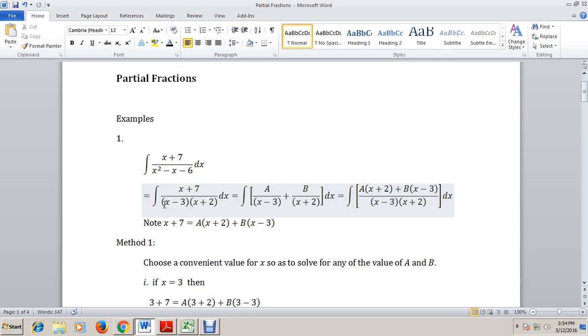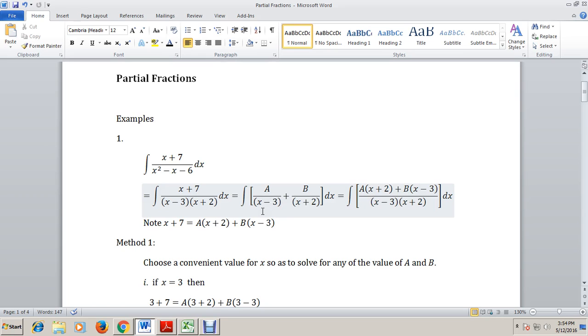Since you have two linear factors for x squared minus x minus 6, we separate this whole fraction into two fractions, each of which has its own distinct linear factor as its denominator.